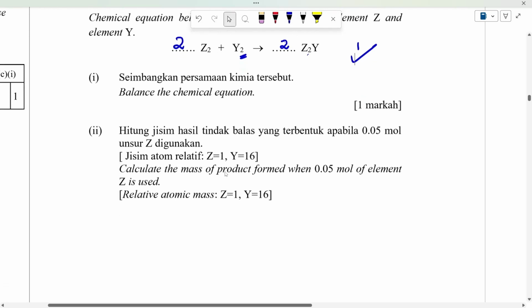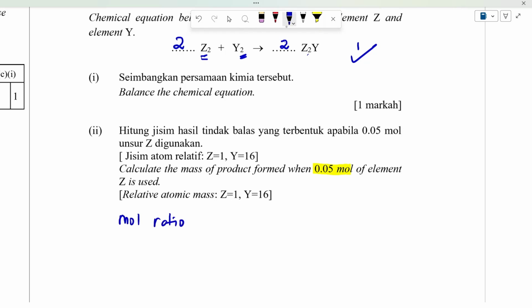Now calculate the mass of the products when 0.05 mole of element Z is used. Here we already have the mole, so no need to count the mole. We can directly go to the mole ratio. 2 mole of Z produces how many mole of Z2Y? 2 mole.